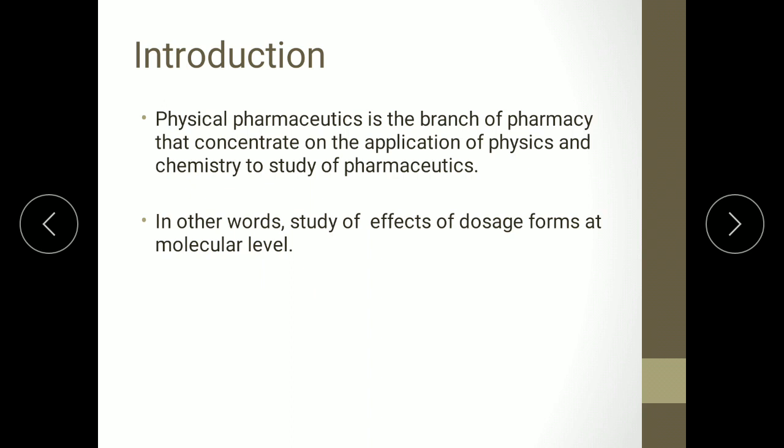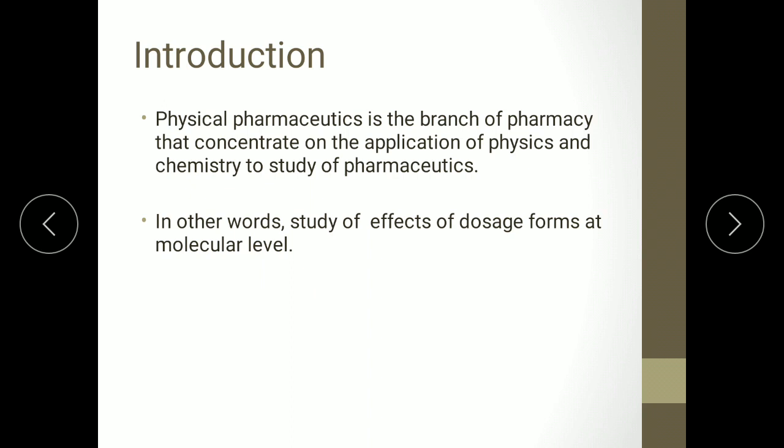जो भी डोसेज फॉर्म है उनकी स्टडी एट मोलिकुलर level is called as physical pharmaceutics. Now, while we are saying that application of physics and chemistry to the study of pharmaceutics, the different physiochemical parameters we have to see here are solubility, diffusion, dissolution, then chemical kinetics, complexation, absorption, adsorption, then state of matter, surface and interfacial tension.